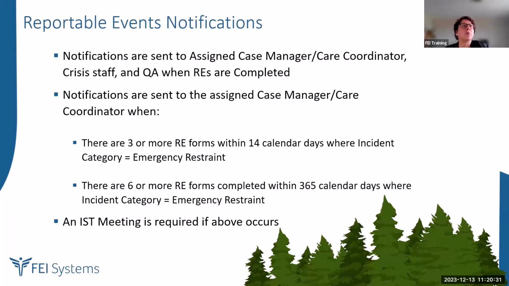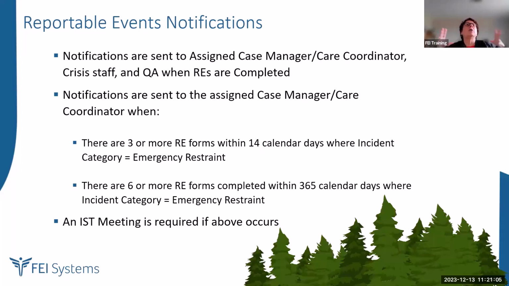There's also circumstances in which the case manager and care coordinator are going to get a notification. And that's if there are 3 or more RE forms within 14 calendar days where the incident category is emergency restraint. Now, they also get a notification if there are 6 or more RE forms completed within 365 calendar days, where again, that same category is emergency restraint.